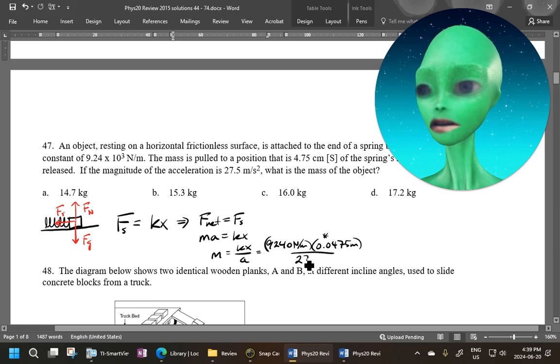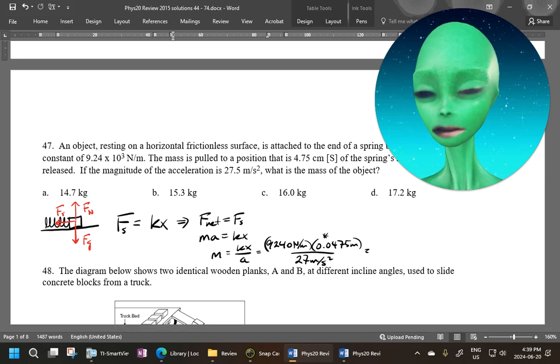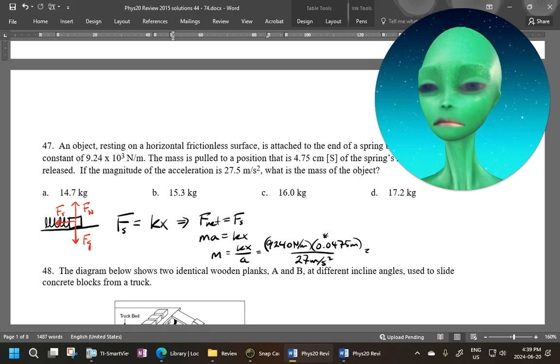And then we put all the numbers in, and we should get our mass. So 9,240 times 0.07475, sorry, divided by 27. 16.25. Did I mess up somewhere? 9,200 times.